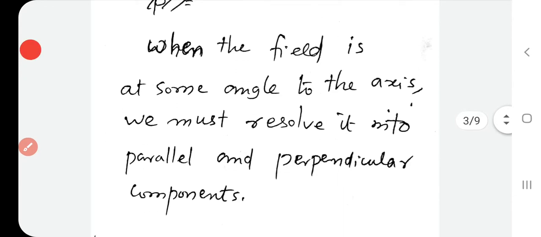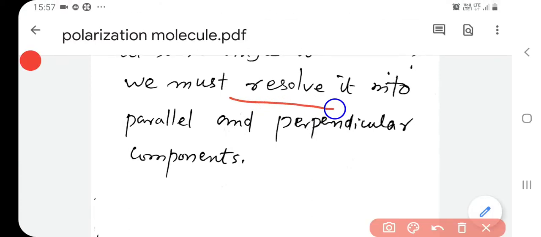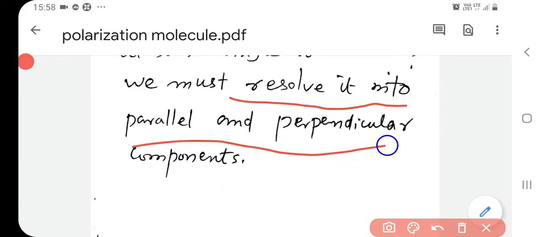Now if the field is applied at some angle to the axis, then we must resolve it into the parallel and perpendicular components.